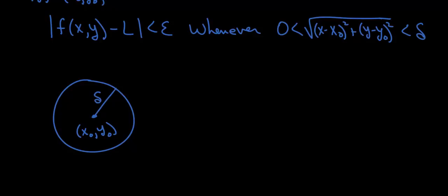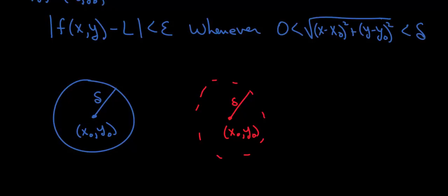And here's a circle as well, but notice it's a broken circle. It's centered at the same (x0, y0) with a radius of delta. The boundary is not there, but we'll just denote it this way.